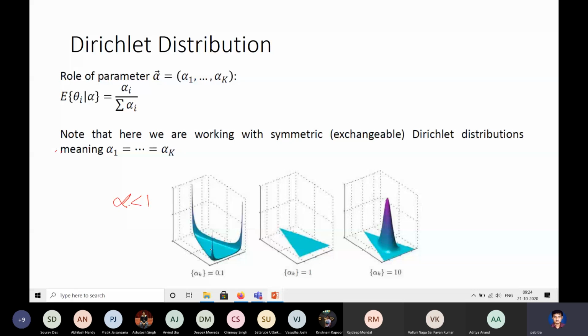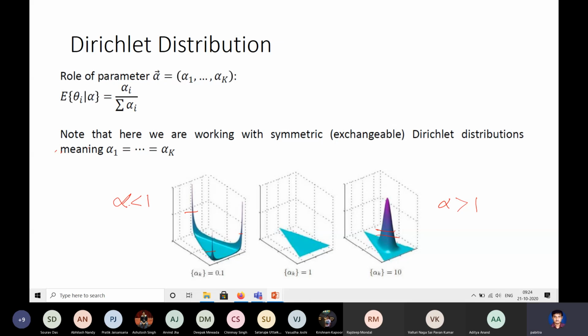So there is more mass towards the corners of the simplex. And if you have alpha greater than 1, you have all the mass concentrated in the middle.